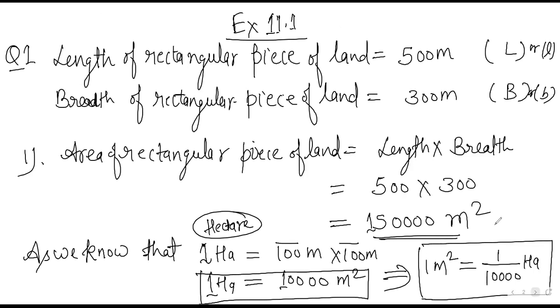So area of rectangular piece of land in hectare. So it is very easy. 15 and how many zeros are there? 4 zeros are there.